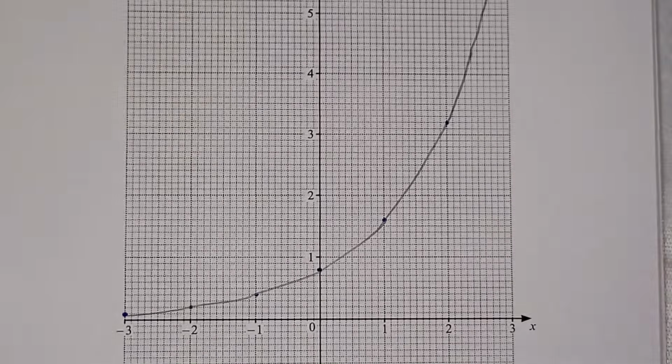Okay, so this is a graph of a given function.